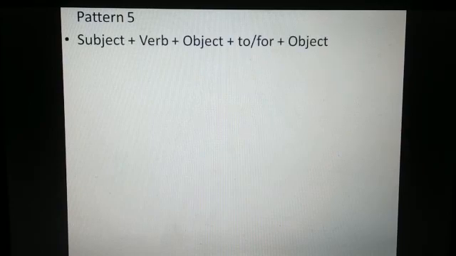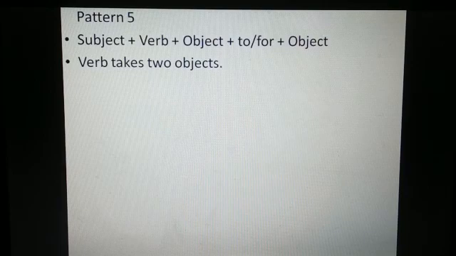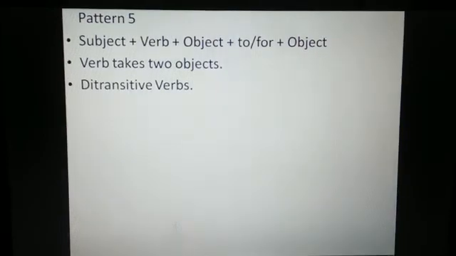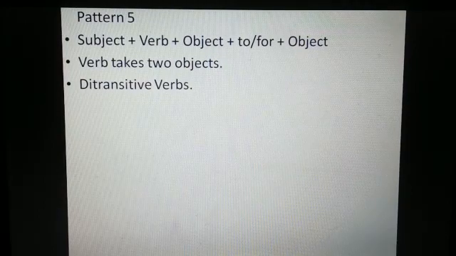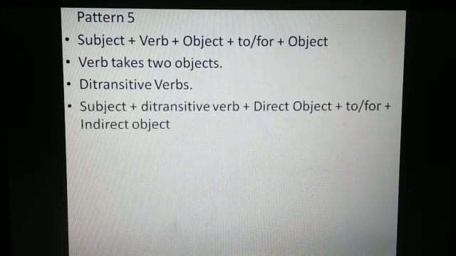Then we have pattern number 5. Subject plus verb plus object, to, for plus object. Verb takes two objects. That means they are ditransitive verbs. In this pattern, the direct object comes before the indirect object.